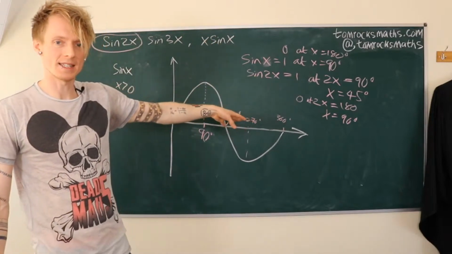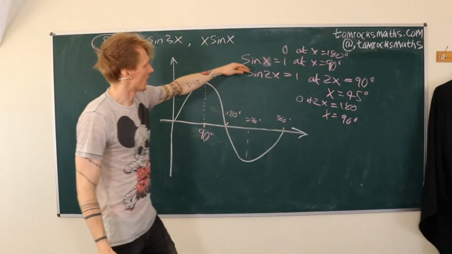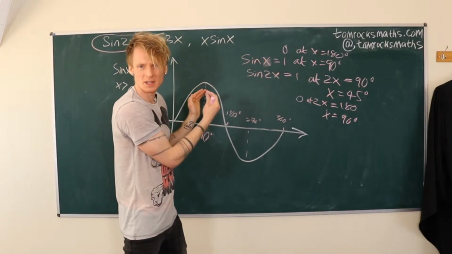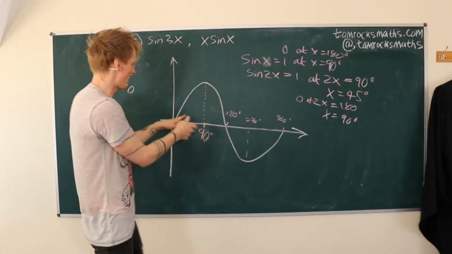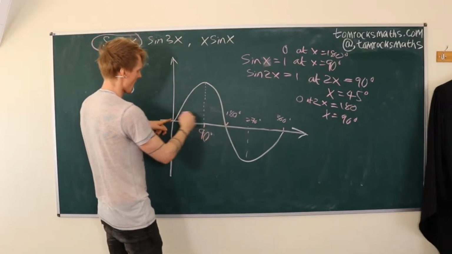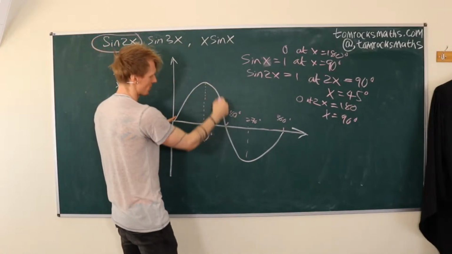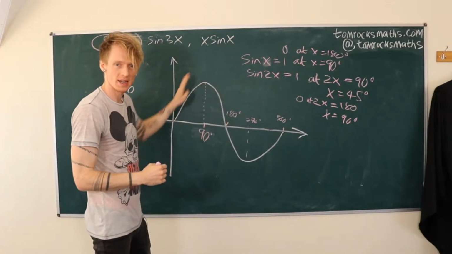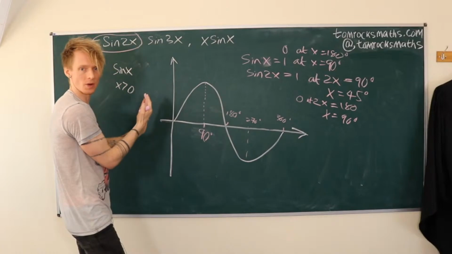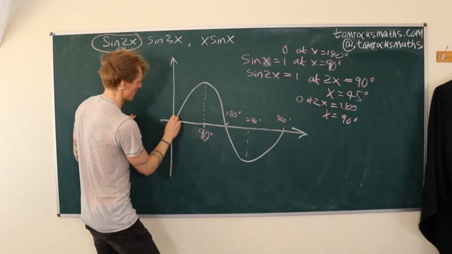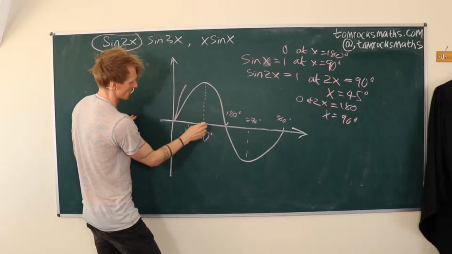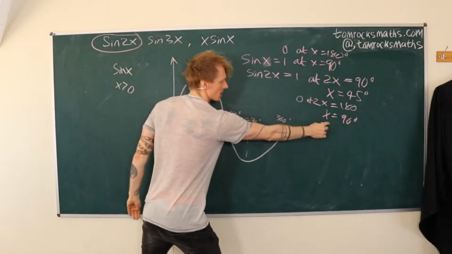But what we're really seeing is you're sort of squashing everything a bit, is one way to think about it. Whilst for sine x you have this wave shape, this peak U shape happening between 0 and 180, when you go to 2x, your wave still has to go up to 1 at 45 degrees, but it's got to get to 0 at 90 from here.